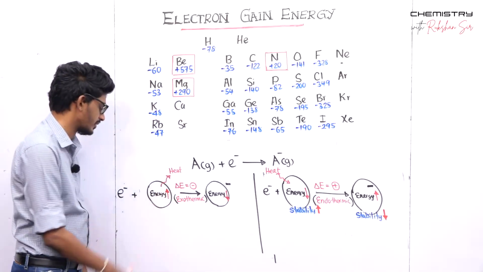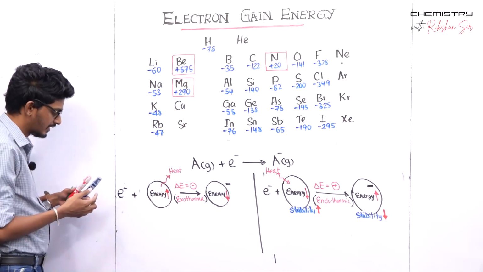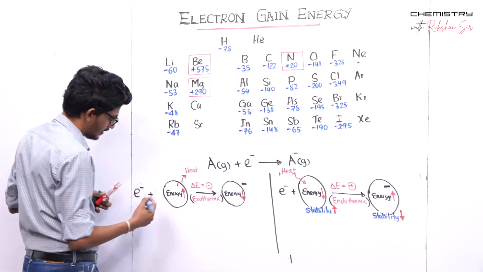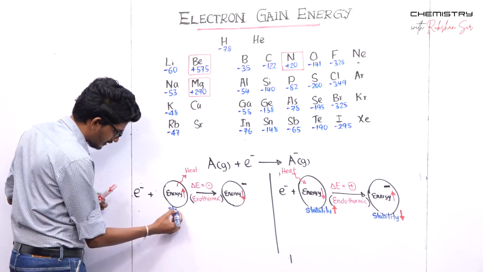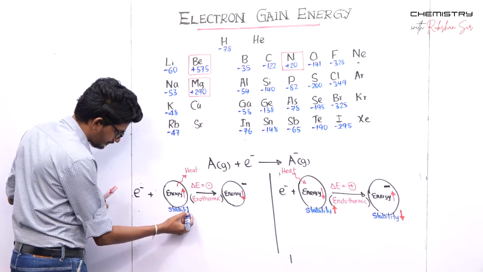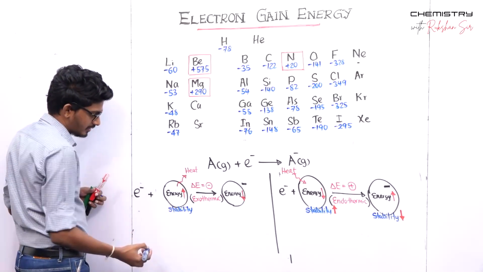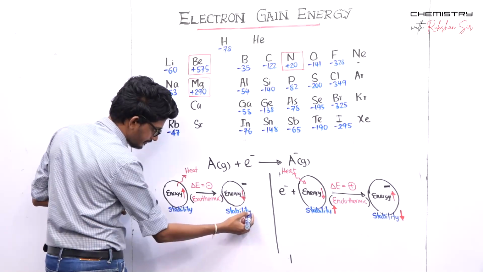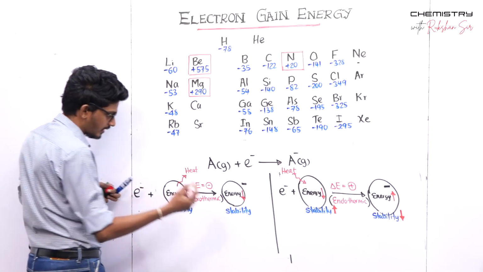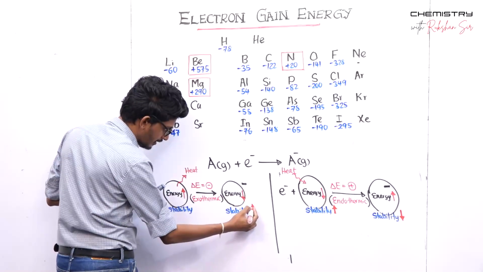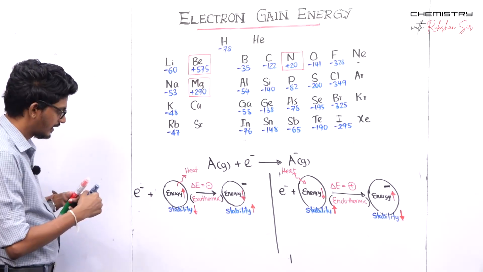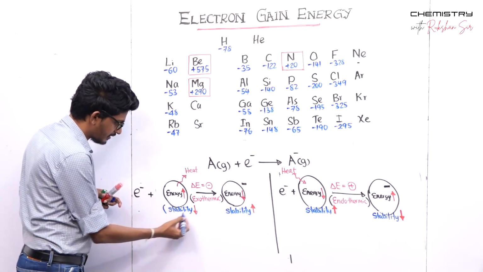What about the exothermic processes? Here stability is gained. Lower energy means greater stability. Higher energy means lower stability.